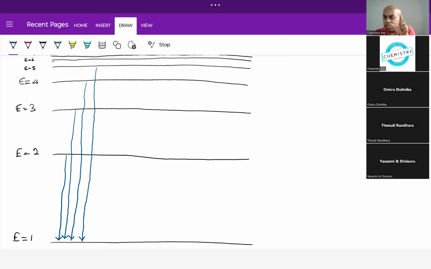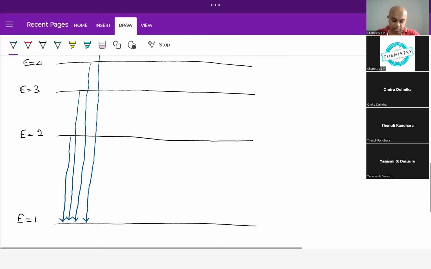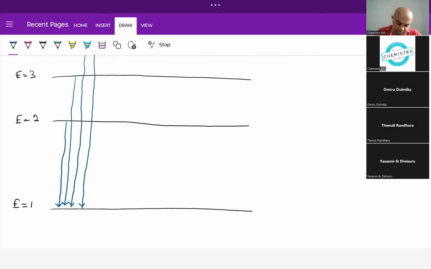Can you understand the energy released in these lines is very high because it is coming back to E equals 1. Released energy is high, which means frequency is also high. So these lines are releasing frequencies in the ultraviolet region.